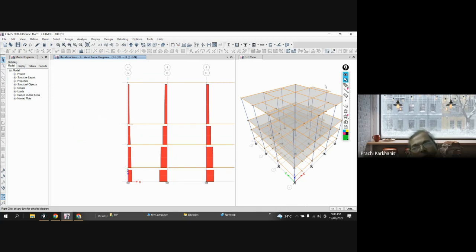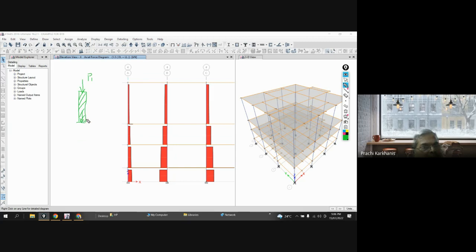Clear? Or if I want to show you, let's say this is your column. So here you are getting a force, so I will say P1. And this one, you will say that this is your weight.